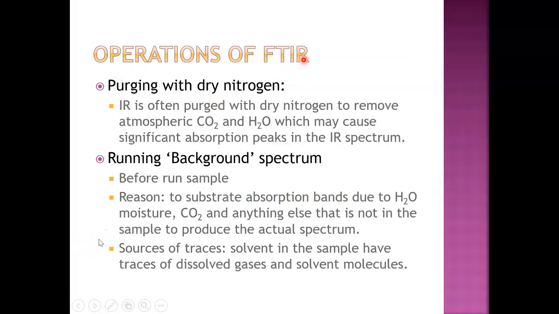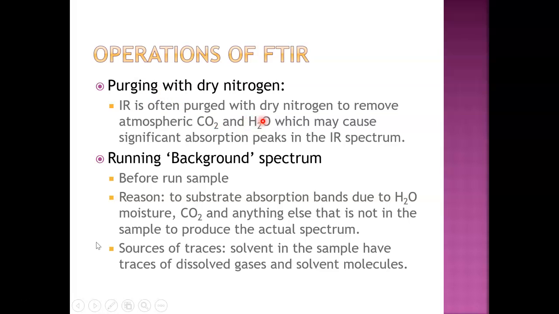Now we look at the operation of the IR instrument. Normally before we run the analysis, we need to do these two processes. The first one is purging with dry nitrogen. Why do we need to purge with dry nitrogen? To remove atmospheric carbon dioxide and water, which may cause significant absorption peaks in the IR spectrum. Because sometimes when we open and close the instrument, atmospheric air enters.